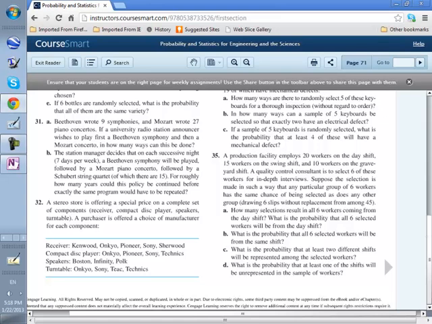So let's do question C. What is the probability that at least 2 different shifts will be represented among the selected workers? At least 2.